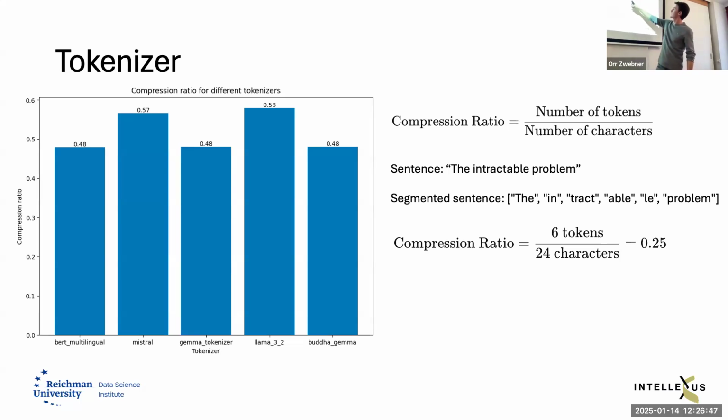In that example, 6 tokens, which is the length of the array of tokens, divided by the total number of characters, including spaces, punctuation, every single character. And that's what we have here, around 0.5. Remember, a low compression ratio means it's generally better represented, but it's not totally correlated with the model's ability.